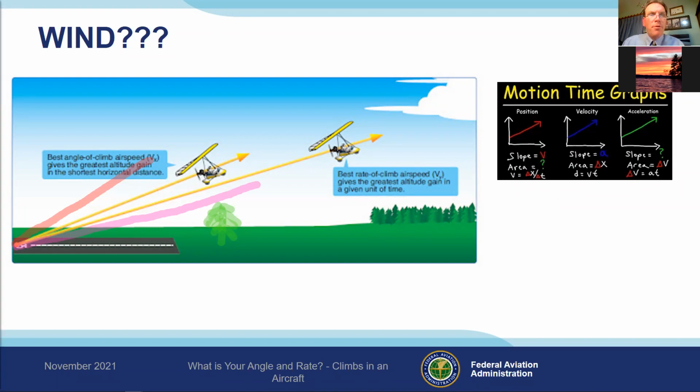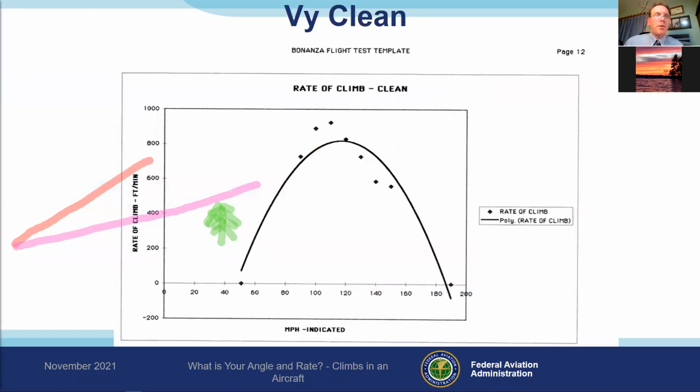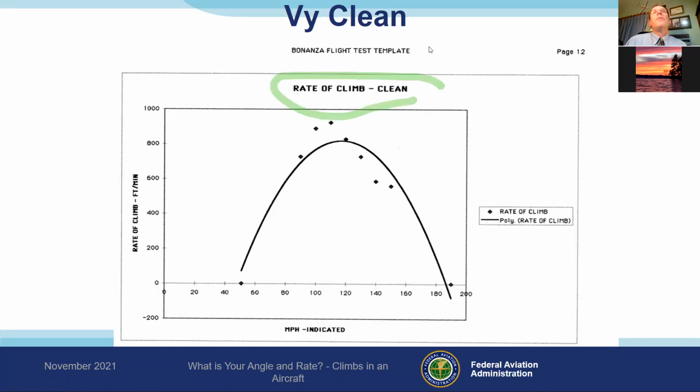Now, it is possible you can do this. This is an example, from years ago, in Bonanza 836. It is possible you can go out and start to cross-reference and figure out at altitude what your rate of climb is in various configurations.